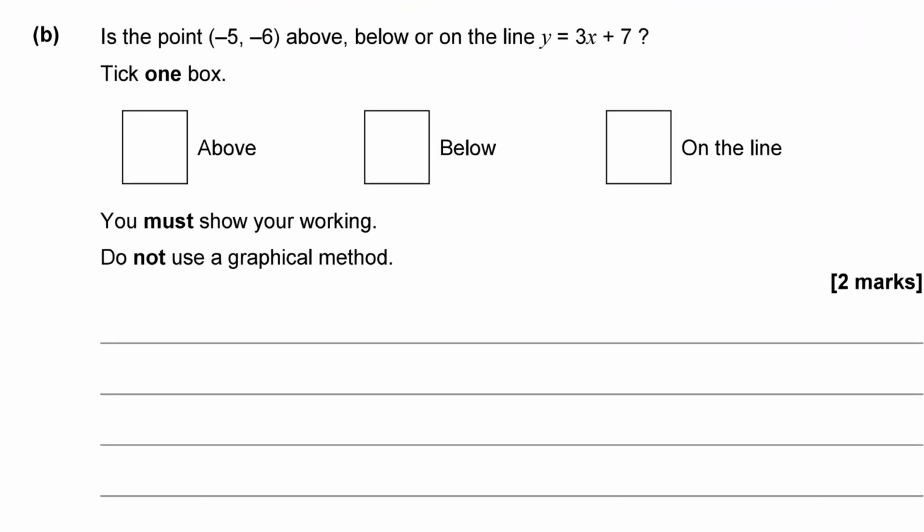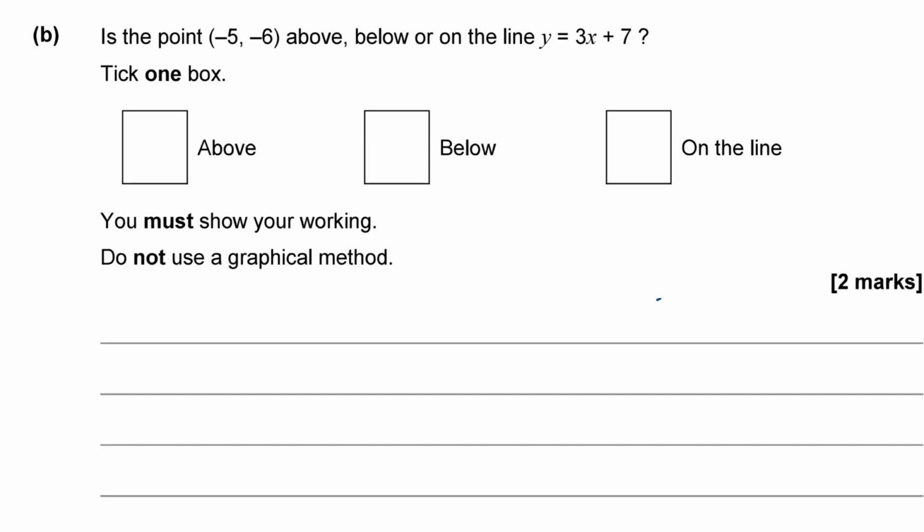Now part B says, is the point (-5, -6) above or below the line y is equal to 3x plus 7? Tick one box: above, below, or on the line. You must show your working. Again, not using a graphical method.